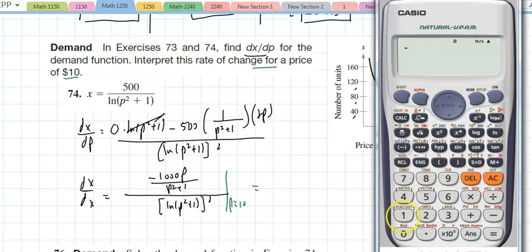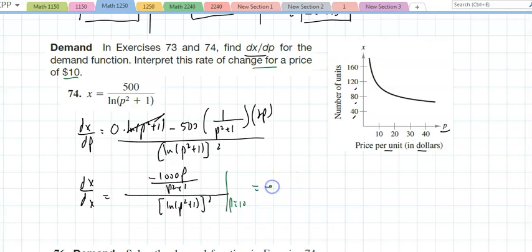So I'll take a negative 1,000 times p, which is 10, divided by 10 squared plus 1, and I could right away divide by parentheses natural log of 10 squared plus 1 close parentheses and square the denominator, and I'll get a negative 4.65.